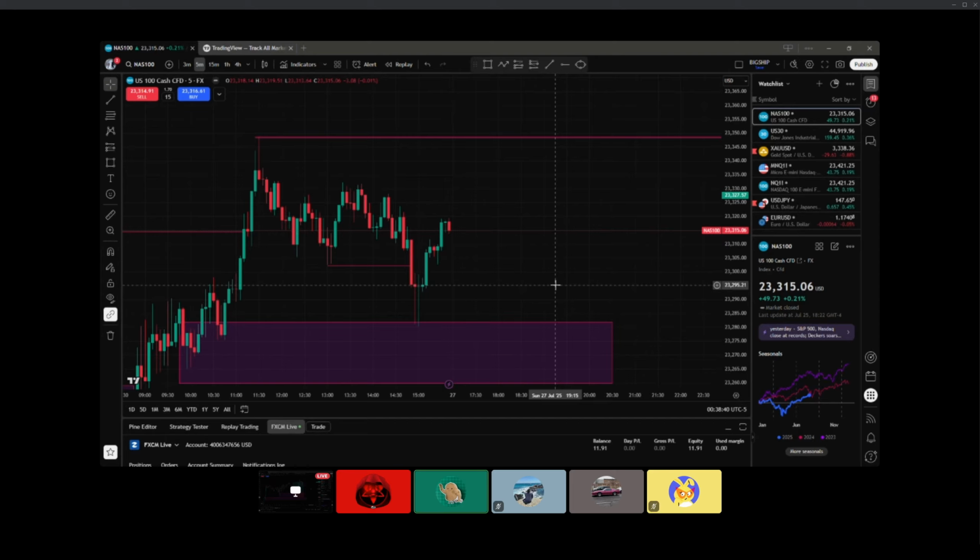So if you make a mistake on a 150K account, you have $4,500 to make a mistake, whereas if you have a 50K account, you have $2,000. That's less than half of 4,500. So you make one mistake on a 50K account, you're in the hole, and it's going to be hard to climb out of.